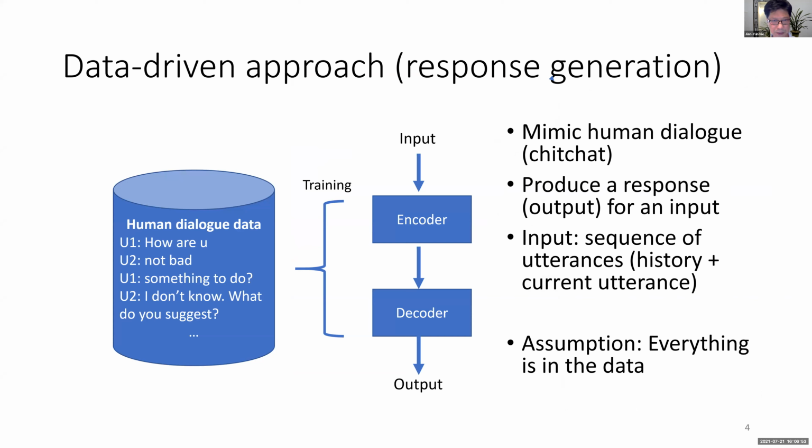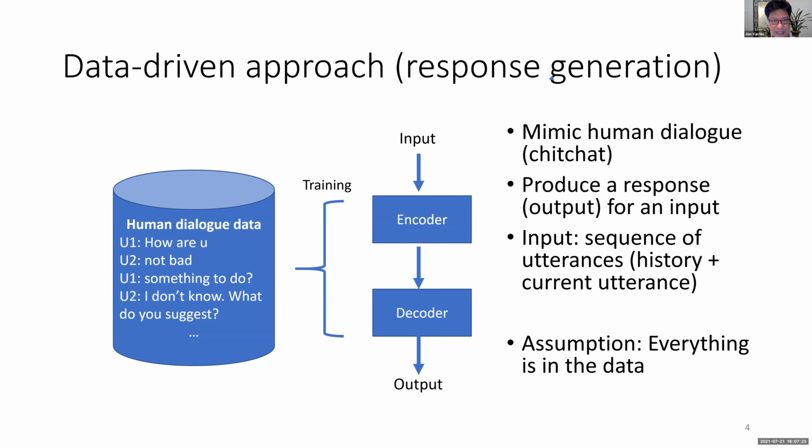Basically what we want to do is to use a large set of human dialogue data and use that data to train a model. And by training the model, we mean we want to train an encoder and a decoder so that when you have an input, you will encode the input somehow, and using the encoded information, you will generate the output by using the decoder. So that's the basic process.